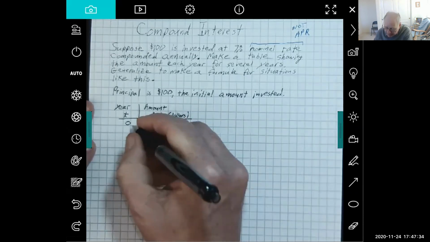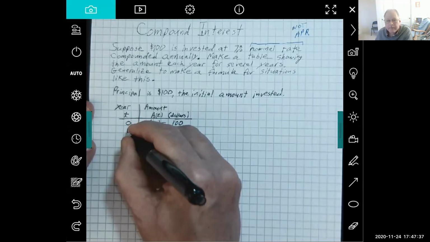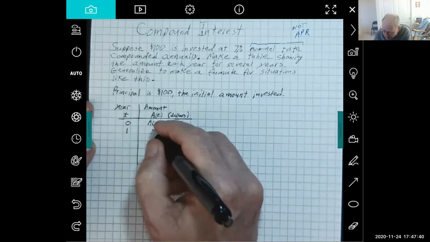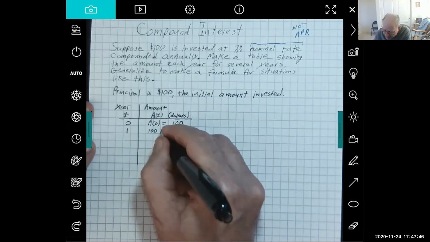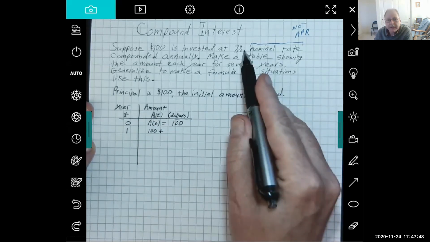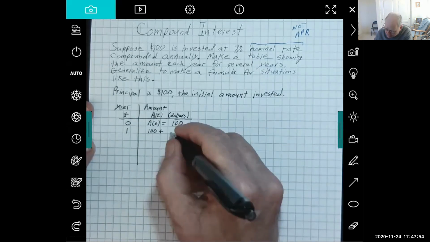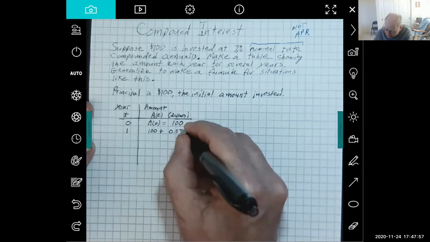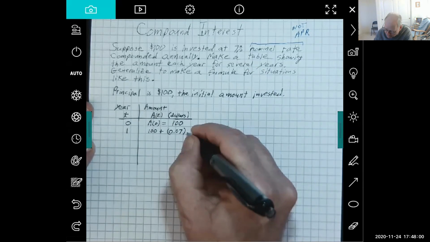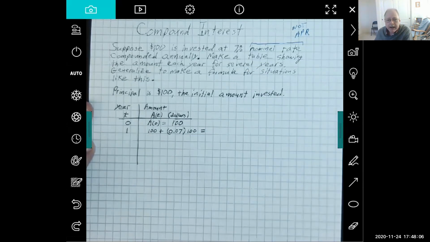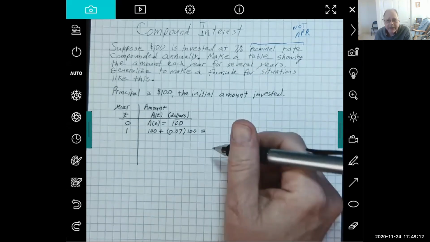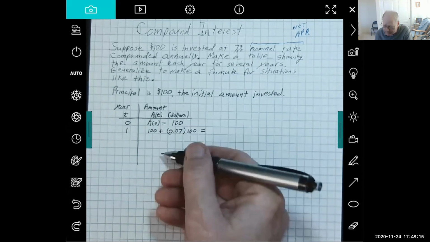Okay. And then in year 1, the amount in year 1 is I'm going to take my $100 and I'm going to add the 7% of $100 because 7% is my nominal rate. And, you know, so I have $107, but I don't want to just write 107 because I want to try to demonstrate the pattern here.